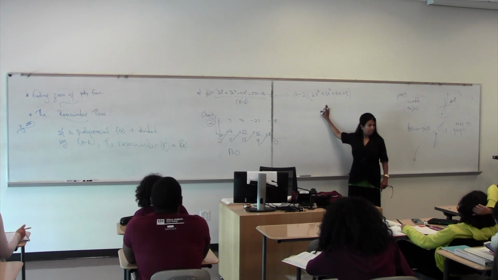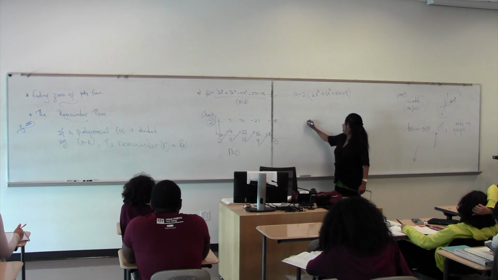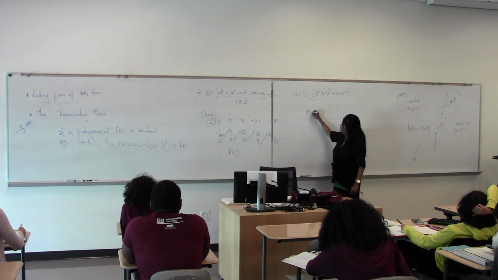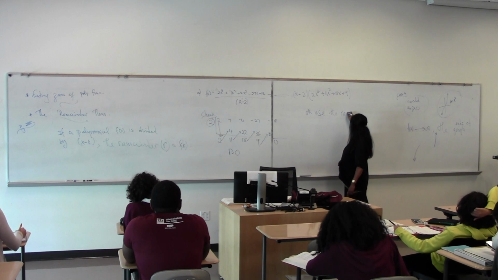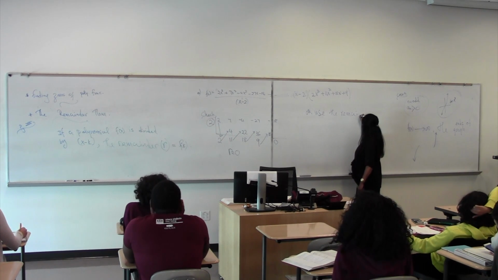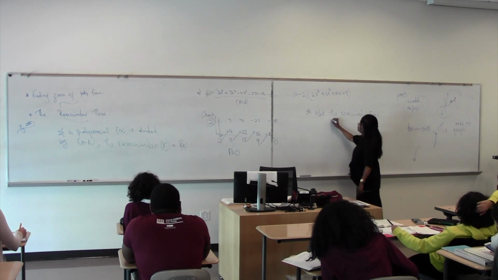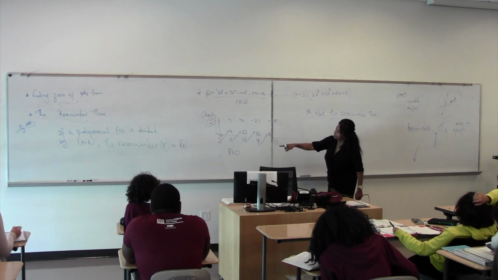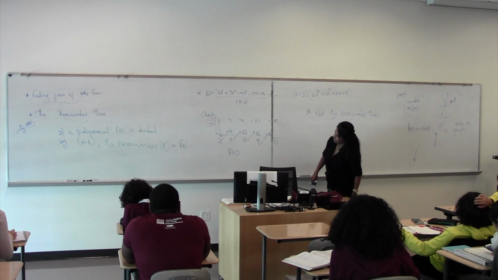Okay? Now you can do the long division or synthetic division, or use the remainder theorem. Now use the remainder theorem for this. The remainder theorem says the remainder is f of k.